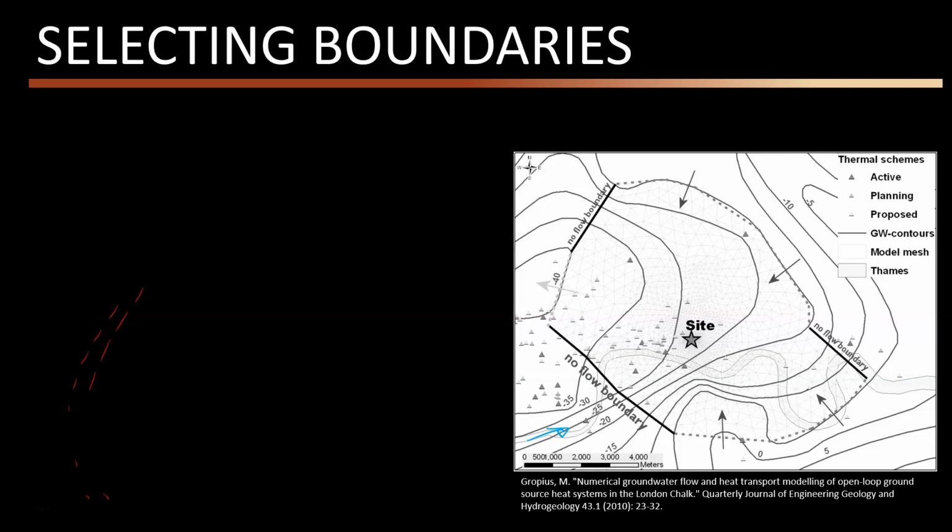we can define a no flow boundary condition here, here, and here. How? If we look at the streamlines, for example, this is -40.